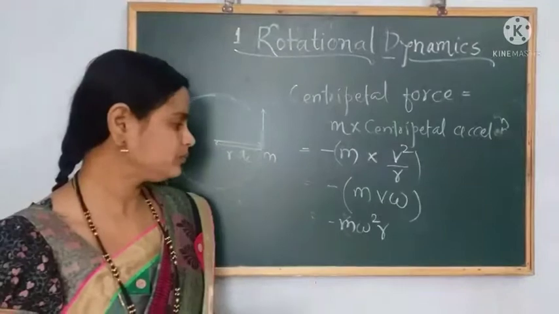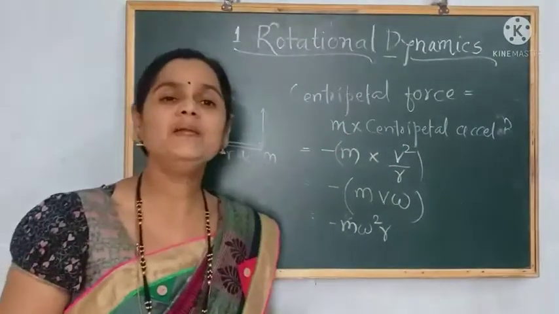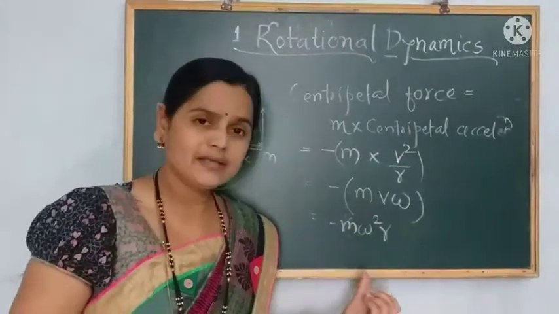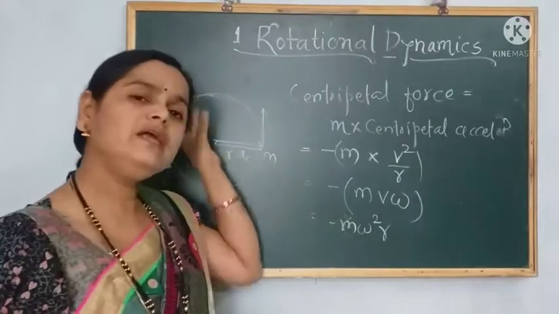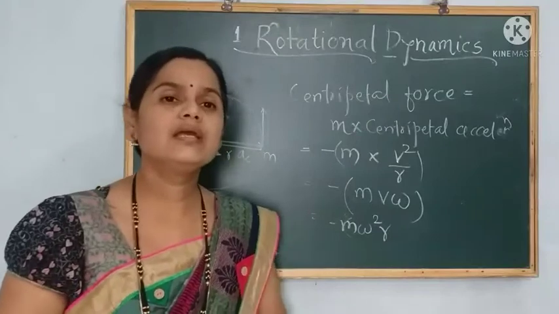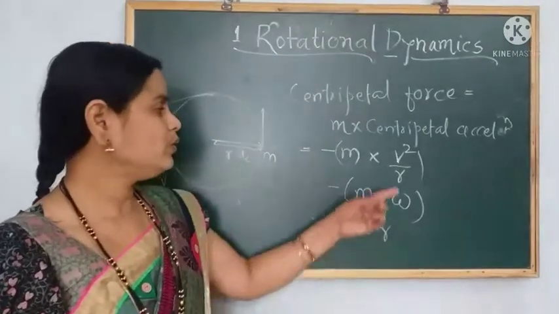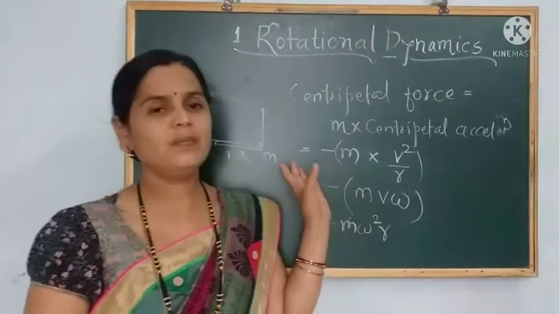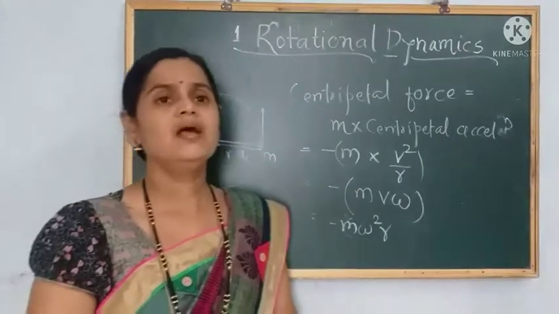This is the magnitude of the centripetal force which produces centripetal acceleration, acting on the object at every instant of time during the circular motion to keep the circular trajectory. Obviously this negative sign indicates that the centripetal acceleration is lying along the radius and towards the center.